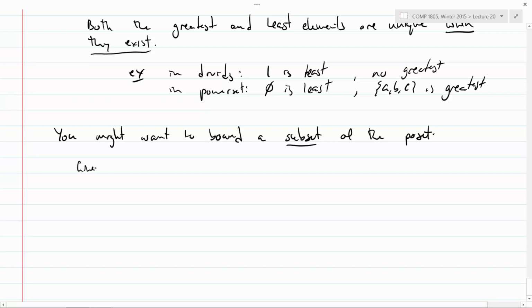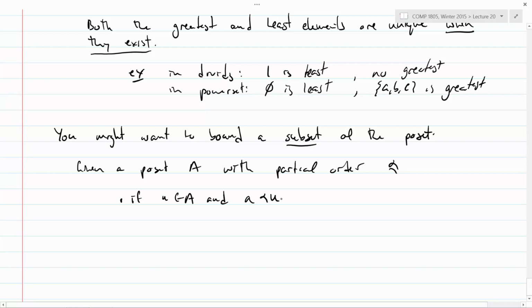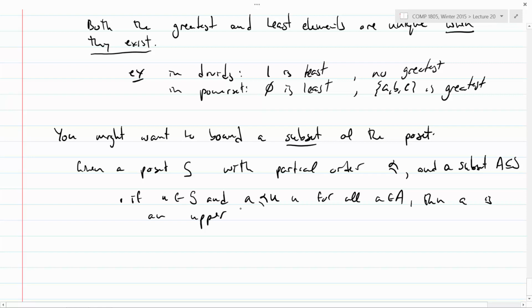So given a poset S with a partial order less than or equal to and a subset A of S, if U is in S and A is less than or equal to U for all A in A, then U is an upper bound of A.